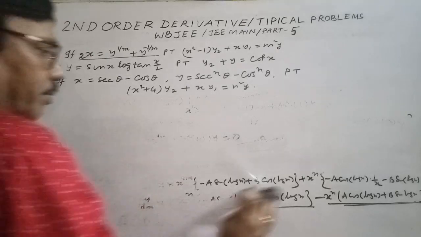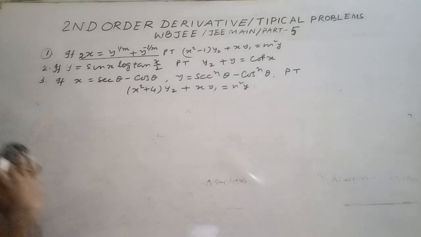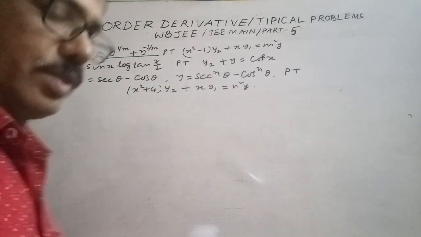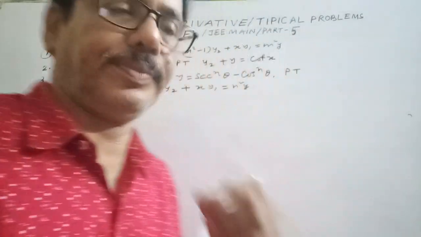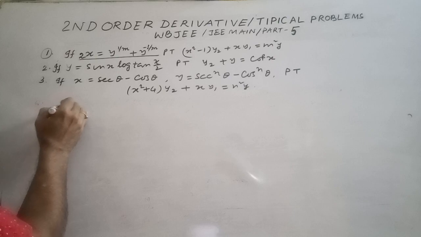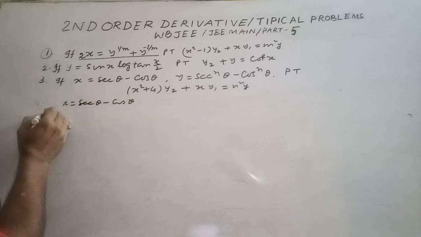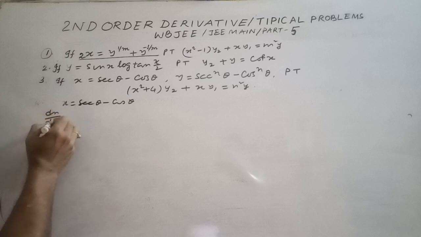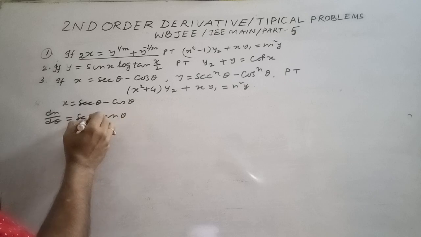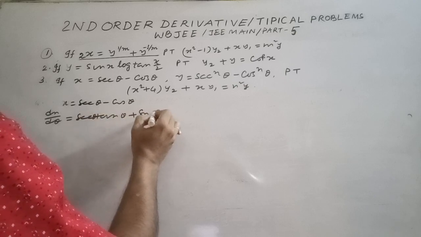Now look, problem number 3. This is a typical problem. So x equals sec theta minus cos theta, a parametric function. So the parameter is theta. dx/d theta is sec theta tan theta plus sin theta.